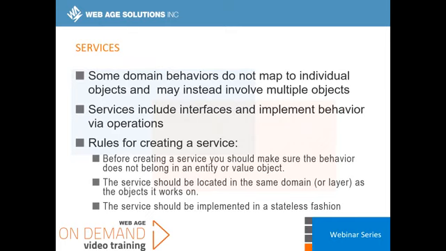So we have some rules for when we create a service. You should make sure that the behavior does not belong to something else. It should be in the same domain or layer as the object it works on, and it should be implemented in a stateless fashion.